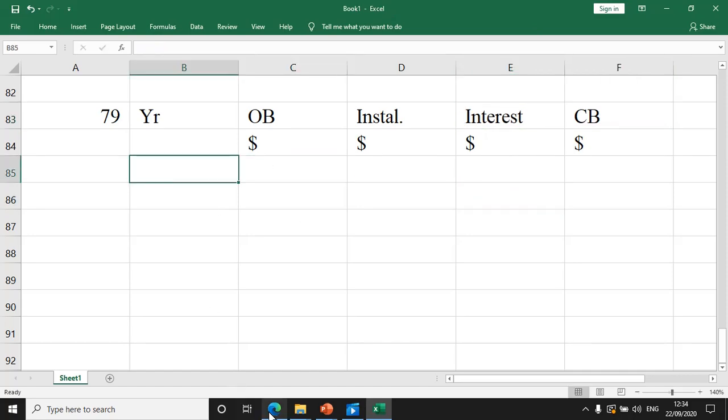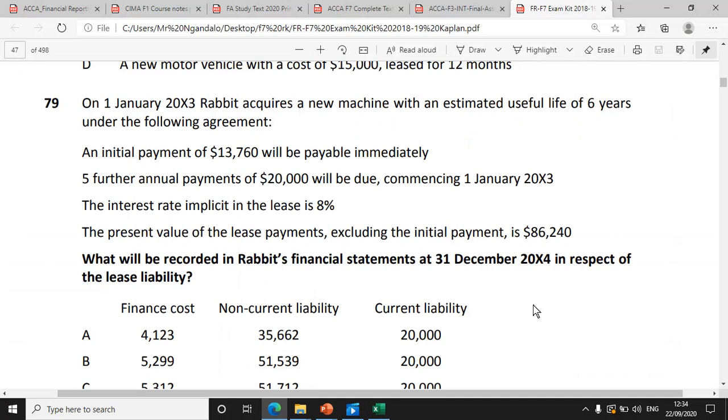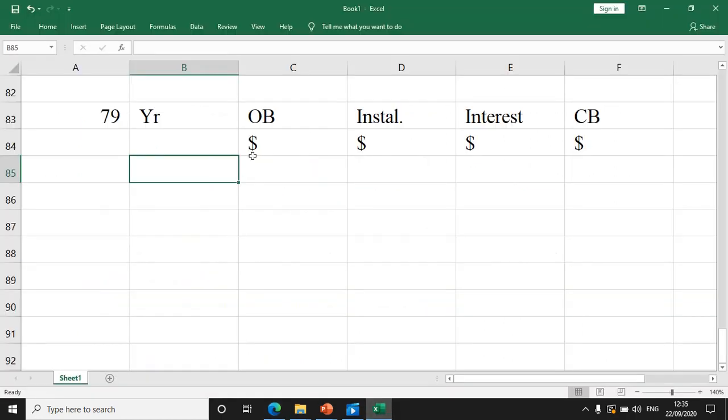So you need to take care of the dates. We're supposed to report for 20X4. When did we get the asset in 20X3? I think we need a minimum of about 3 years, because we need X5 as well. Remember, I hope you do. So let's do the work.